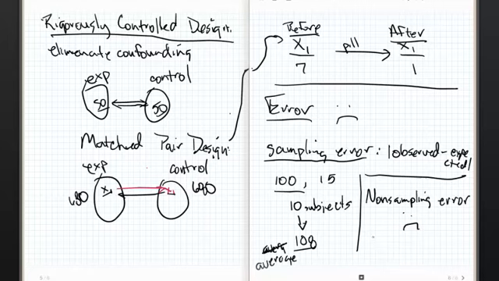This is error that's simply due to an error in sampling, in technique. So again, my IQ test in this case was dead wrong. It doesn't accurately measure. It's kind of like the difference between taking an actual IQ test and then going online and doing one of those goofy ones.